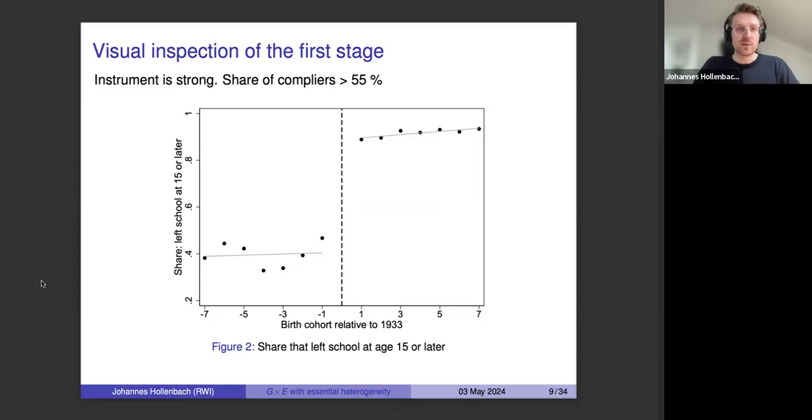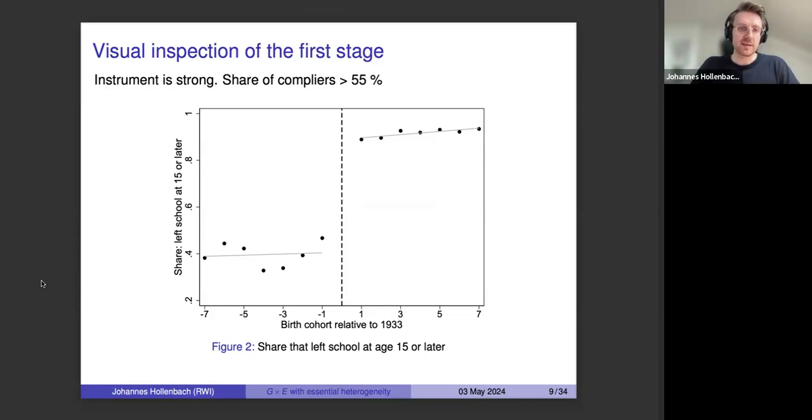Let me show you the first stage. It looks like this. As you've already seen, the educational reform had a big impact on the universe of students in the UK. You can also see that here. On the x-axis, you have the running variable. This is the relative distance to the birth cohort of 1933. And on the y-axis, you have the treatment or the environment.